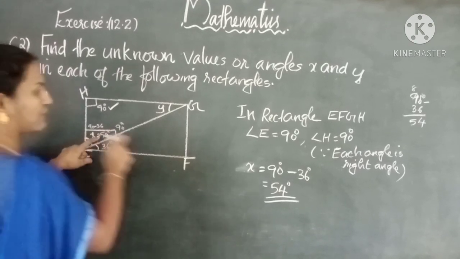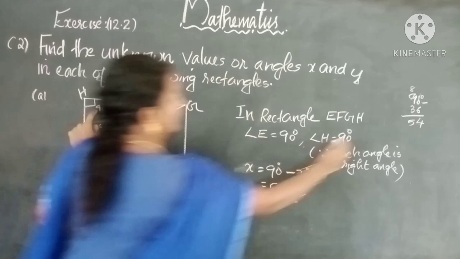So angle x is equal to 54 and angle H is equal to 90.